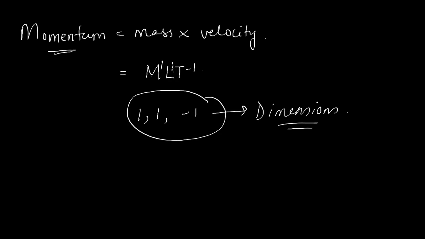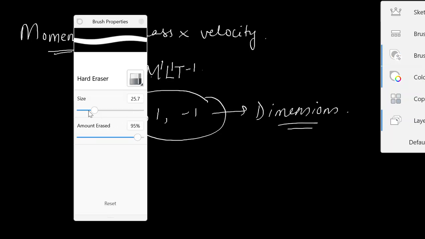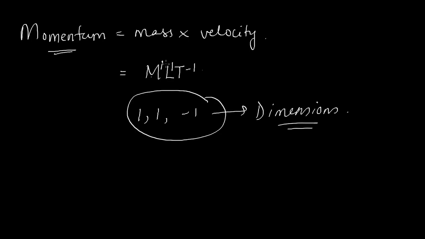Now if I change this dimension here, instead of 1, let's say I write 2. Will this represent the dimension of momentum? No, it will not represent the dimension of momentum anymore, because the power has changed.